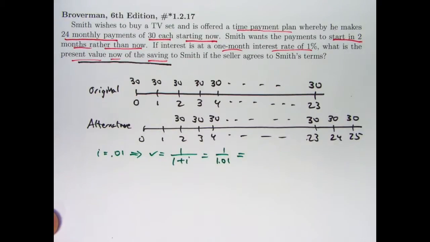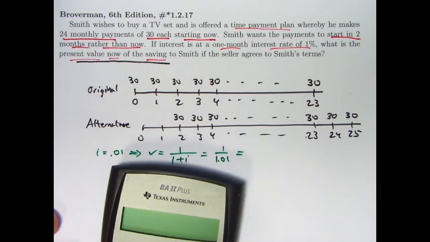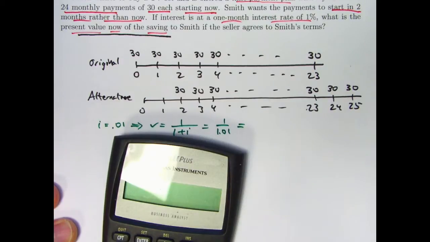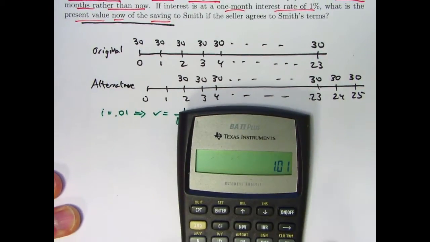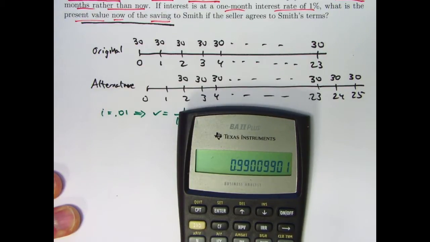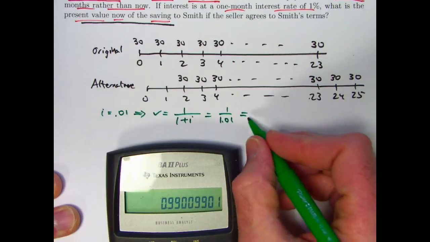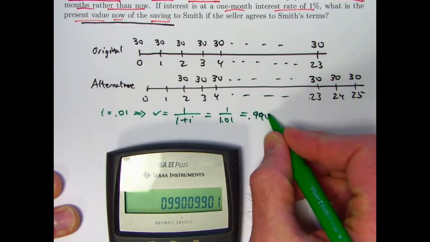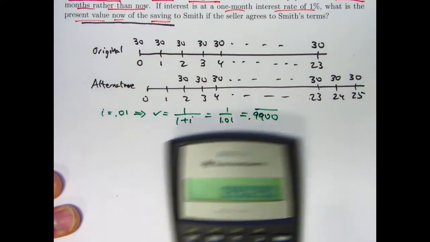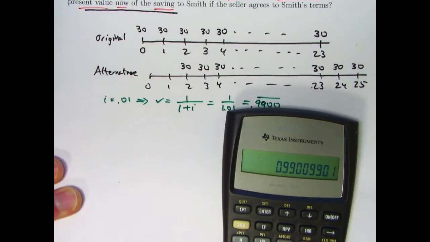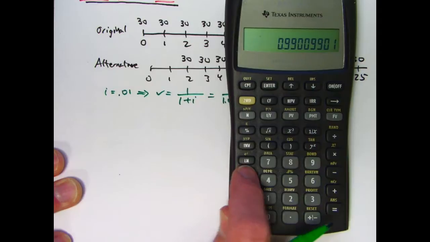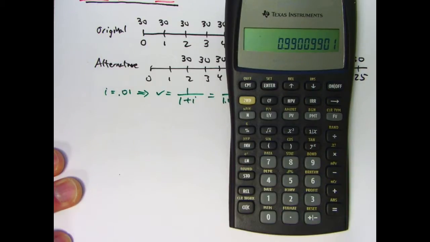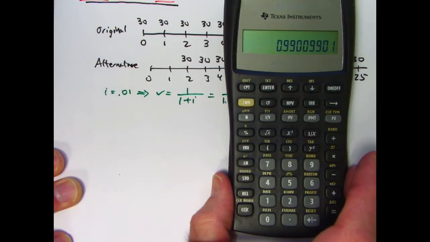It's 1 over 1.01. Take the reciprocal of 1.01. Looks like it's 0.9900 repeating. Let me store that value in register 0. Press my STO button, then 0. It's now stored in register 0. I'm going to need that.